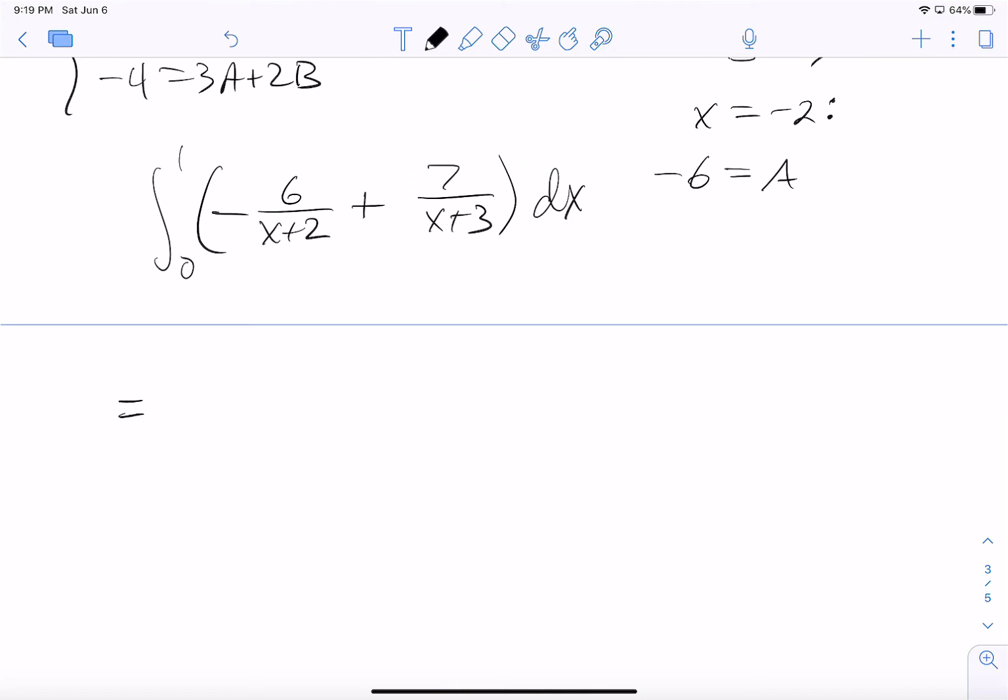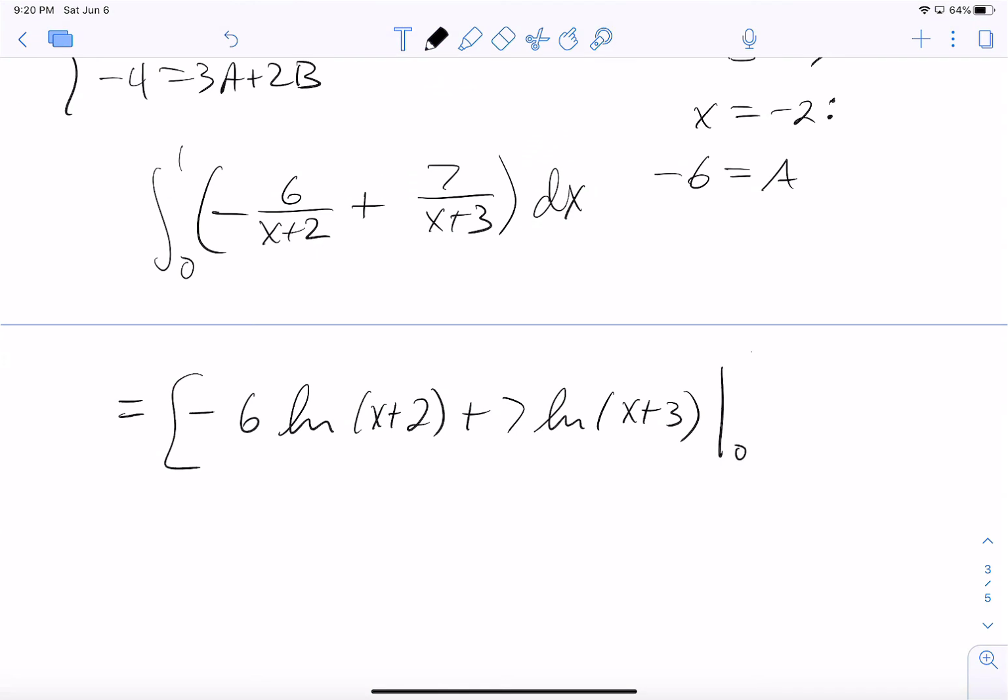So our fraction decomposition leads us to integrals that will lead us to natural logs. In other words, our answer is negative 6 times the natural log of x plus 2 plus 7 times the natural log of x plus 3. We're going to evaluate all of that from 0 to 1 because this was a definite integral to begin with.